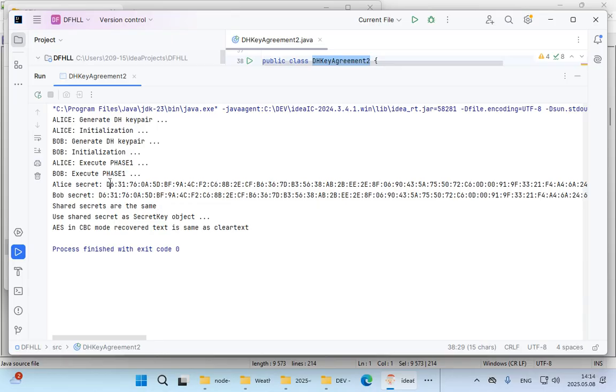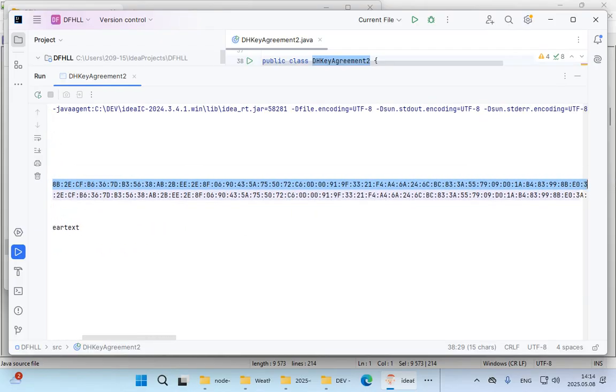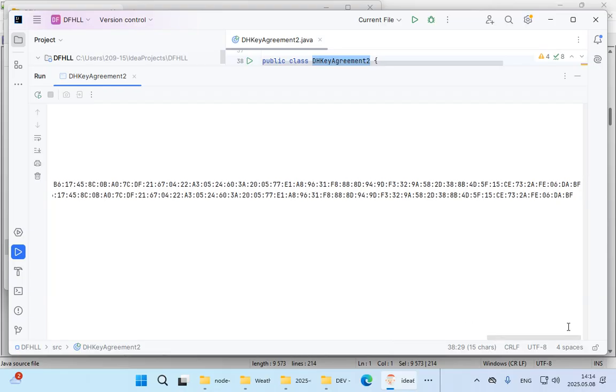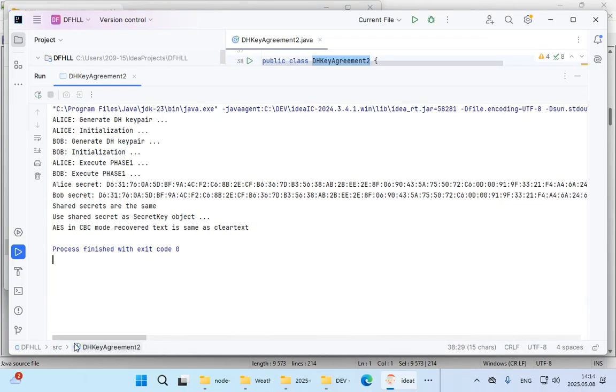They are hexadecimal numbers, and you can see this is a very long key. Such keys could be generated, but this is 2048 bits. Usually in Wi-Fi we have a 128 bit AES key. Do you understand? Yeah? And then we can generate it like that.